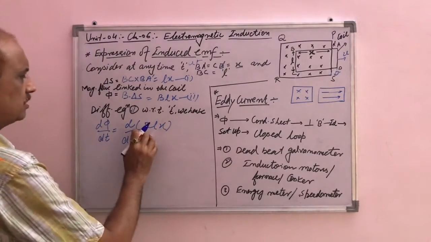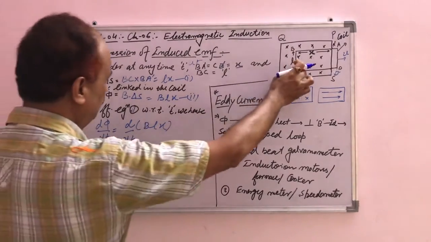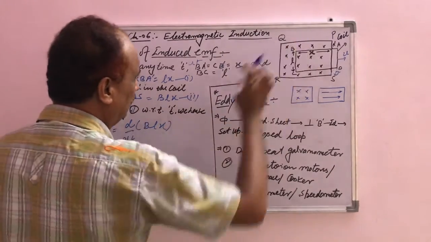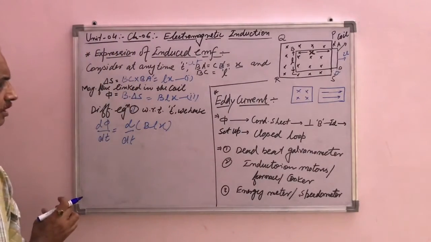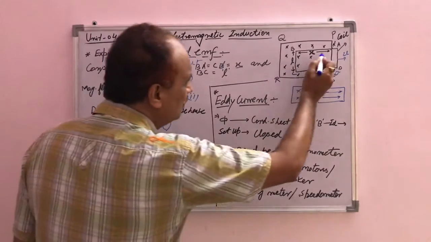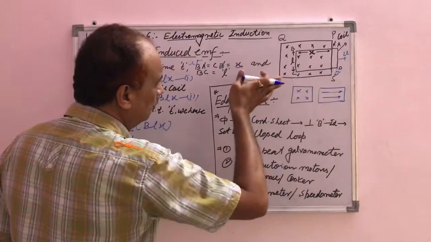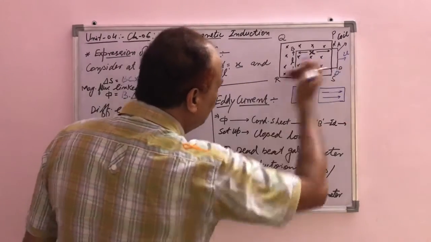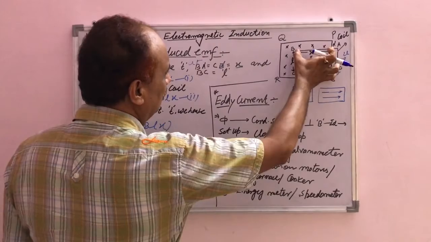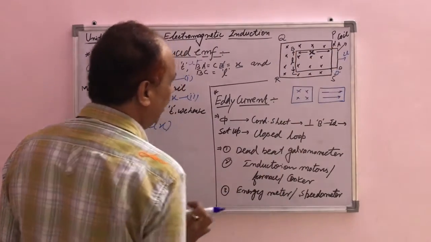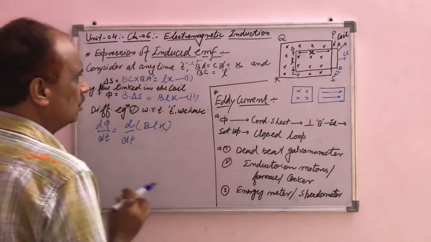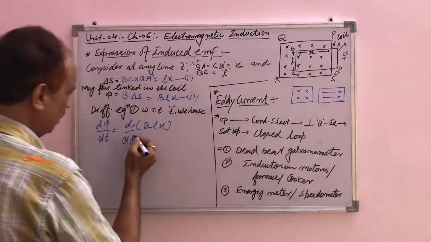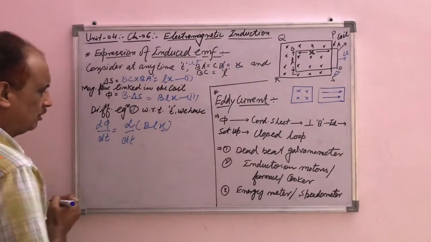Now B is a constant magnetic field, and L is the length of that rectangular arm, again fixed. But X is changing when the rectangle moves in the outward or inward direction. So the length of the arms BA' and CD' will change, which means X will change with respect to time.